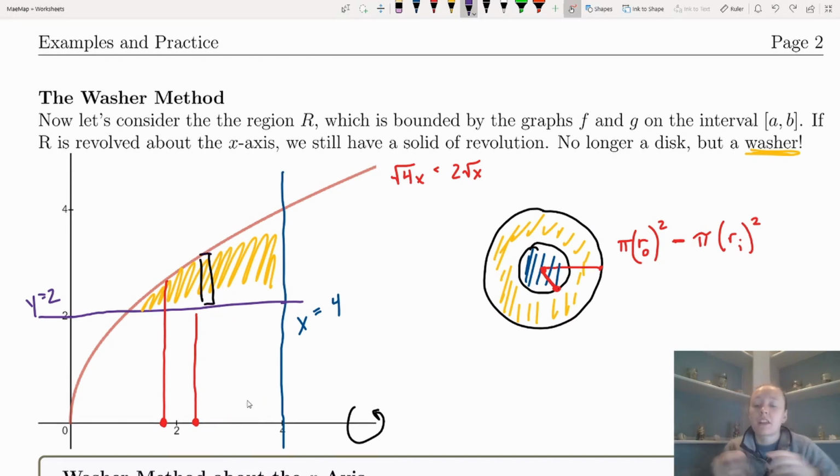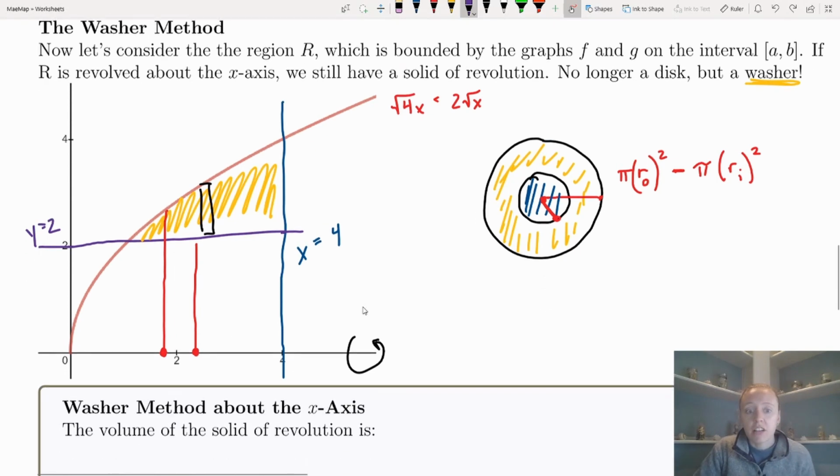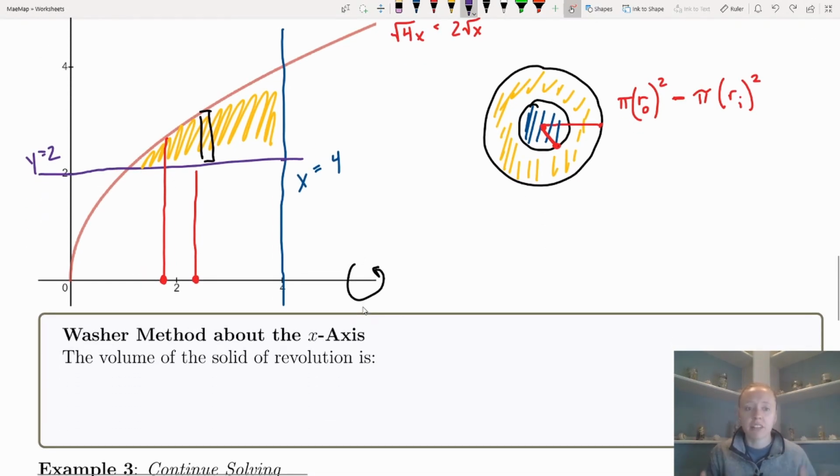So that's another way to think of it in terms of drawing a rectangle. That's why I think drawing those out, visualizing this is so important to really understand what's happening. Now, let's go ahead and actually write this washer method out in terms of functions.